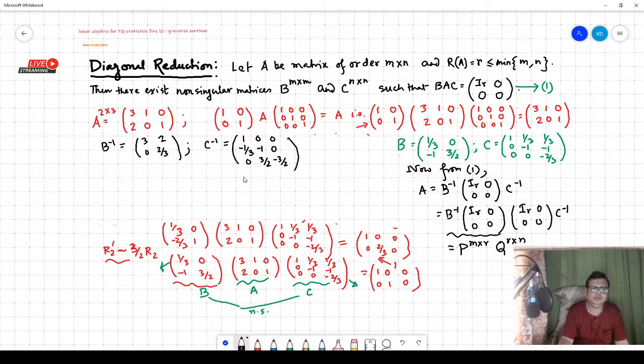So please check B inverse and C inverse. If these two are correct, then I continue. You can check in that way also, whether C times C inverse is I or not. So first element is 1, then second is 1/3, 0.